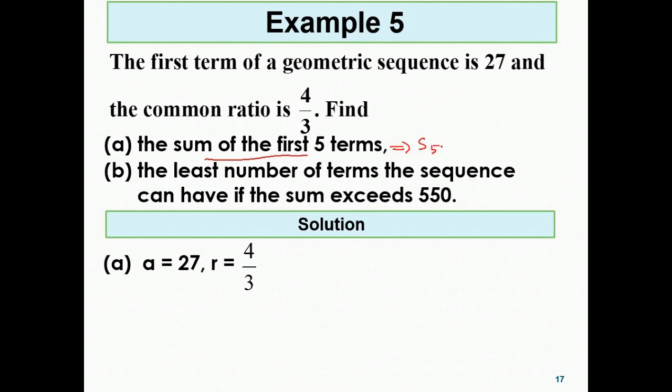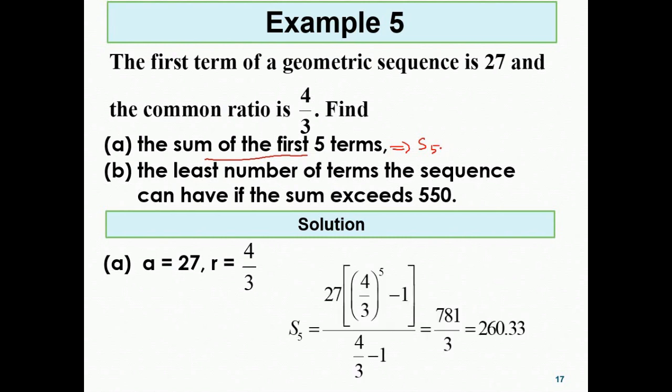By using the formula for Sn, we have S5 equals 27 times ((4/3) to the power of 5 minus 1) over (4/3 minus 1). Calculate this expression, then we have 781 over 3, or it is equal to 260.33.